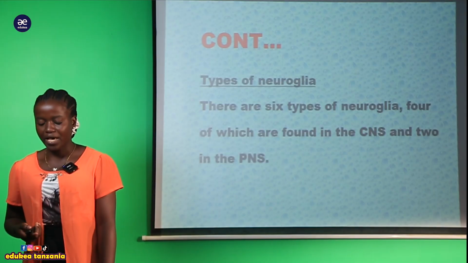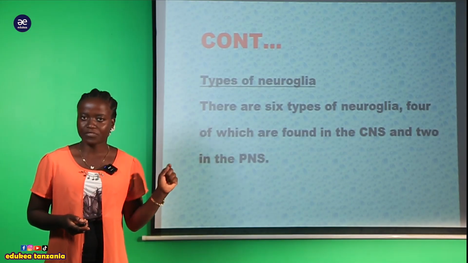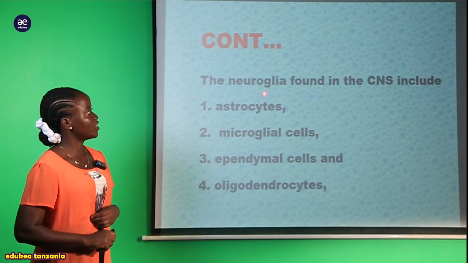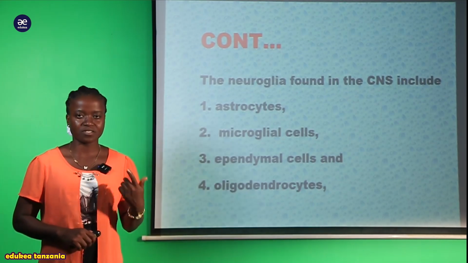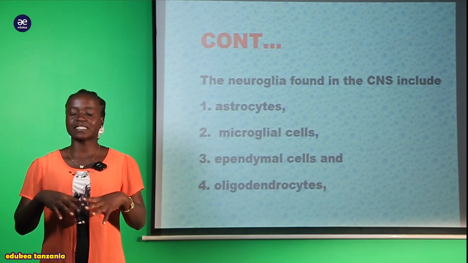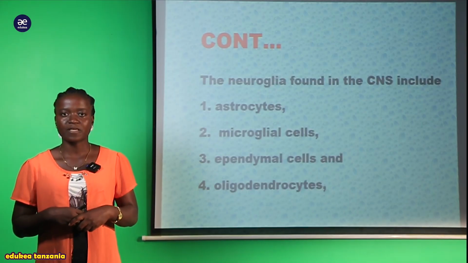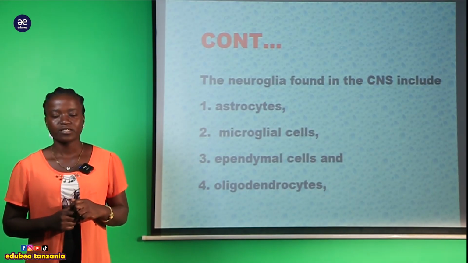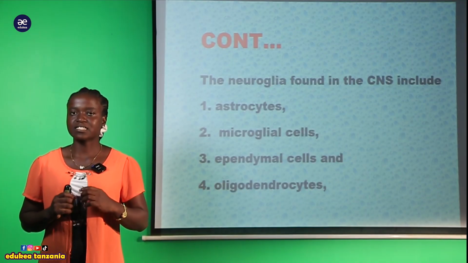So now we have to know what those are. We say that the neuroglia found in the central nervous system, all those neuroglia which are found inside the central nervous system, the first one is called the astrocyte cells.